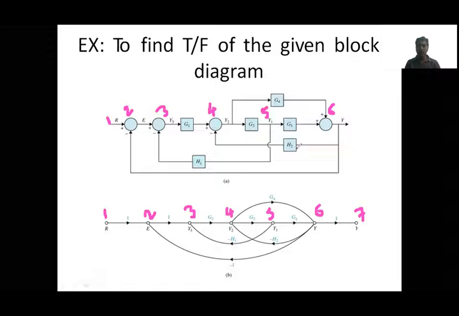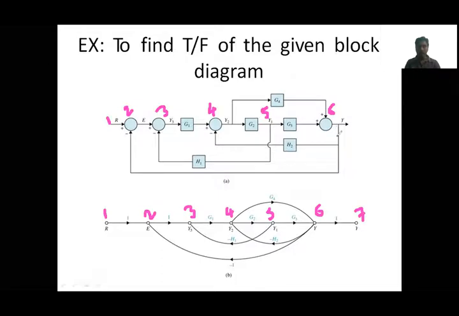Next, from 7th to 4, what we have? Negative feedback. So either 7th to 4 you can mention, otherwise this summing and takeoff point is considered as a single node. From 6th also you can mention, both are correct. 6th to 4, it is negative feedback, minus H2.